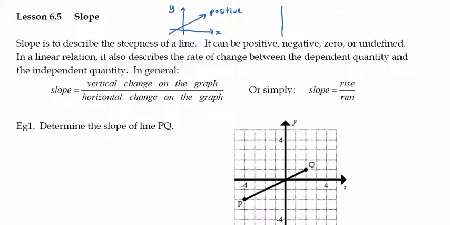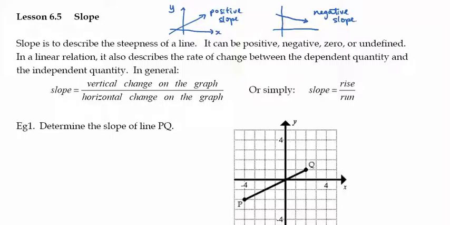When the line goes the other way, this line goes downhill, and we have a negative slope in this case. These are the two major concepts for this lesson.